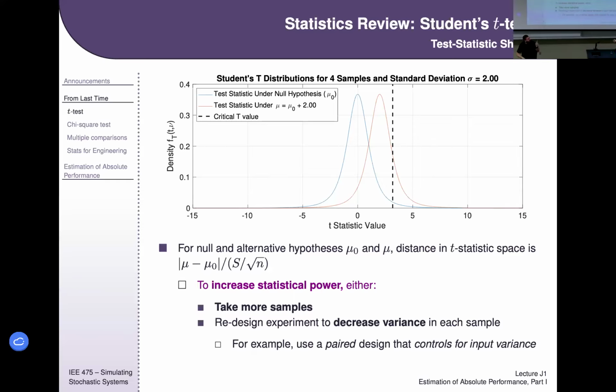So I have this little example I just wrote up in MATLAB here, where this blue curve is the t statistic for 4 samples, where the real population had a standard deviation of 2. And then I've got an alternative hypothesis that also has a standard deviation of 2. So they're both normally distributed, but this one's got a higher mean. This one's got a mean that is 2 more than this mean here.